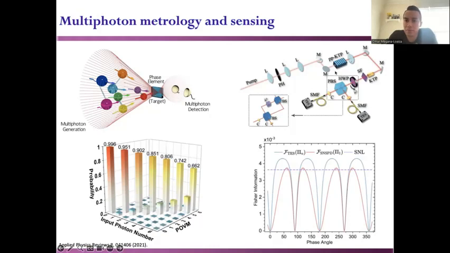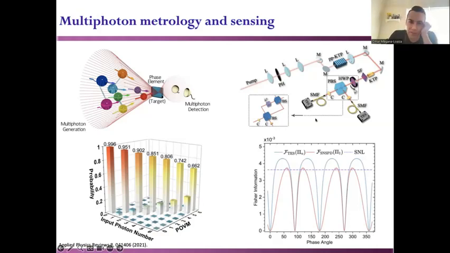This was recently demonstrated using multi-photon systems that were created in this PPKTP crystal. Then these states were used to sense a phase, and then the transmitted states were characterized by a transition edge sensor that gives you photon number resolving detection.